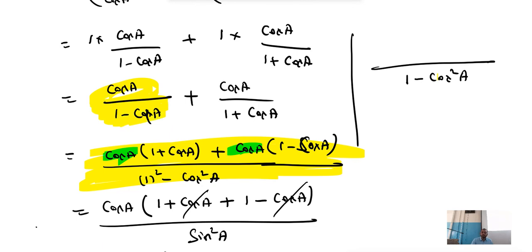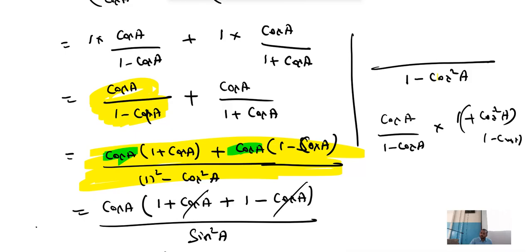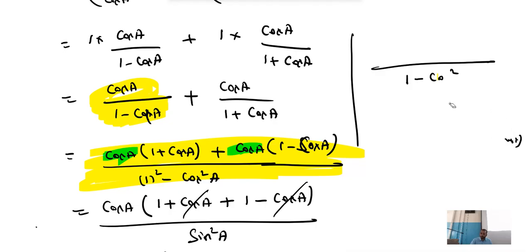What is the entire term? Cos A by 1 minus cos A. We have to multiply by 1 minus cos square A, that is, multiply by 1 plus cos A into 1 minus cos A. So 1 minus cos A, 1 minus cos A get cancelled. So 1 plus cos A into cos A. Yeah, it's right only. Yeah, it's correct. Okay. So this step is right.